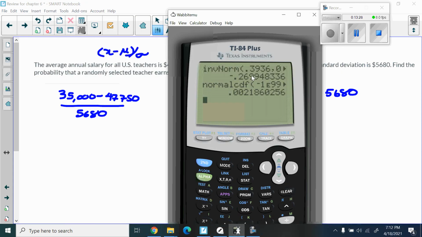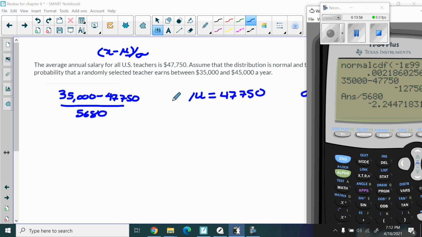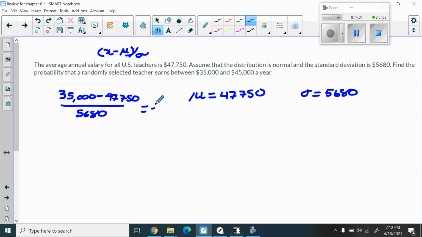So I'm going to do 35,000 minus 47,750, and then I divide that by 5,680, and I get a z-score of negative 2.24. So that's going to be our lower bound.